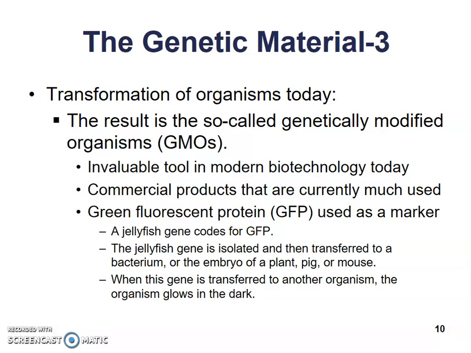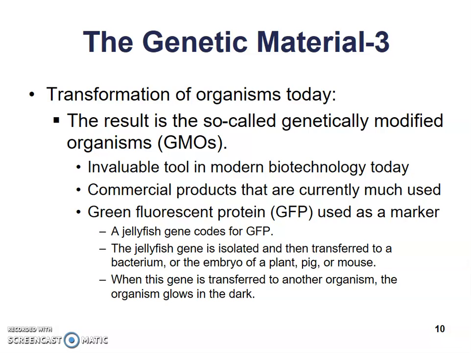So transformations are occurring in organisms today. Scientists are working on genetically modifying organisms, also called GMOs. You may have noticed on a lot of food labels, some of them say non-GMO. Well, that just means that it is an organism that has not had its DNA altered by scientists.